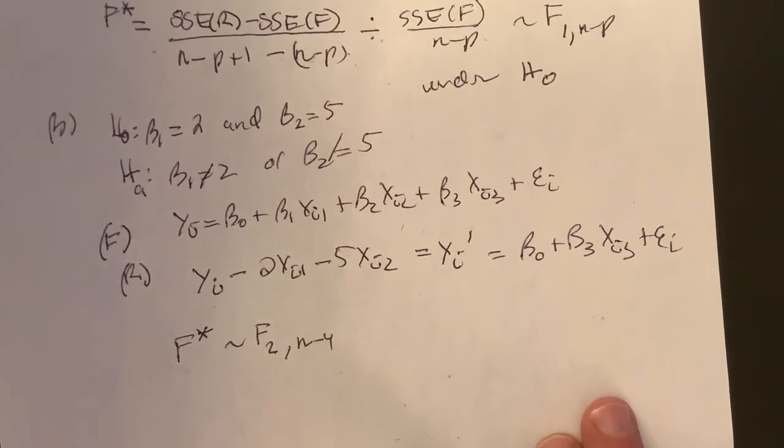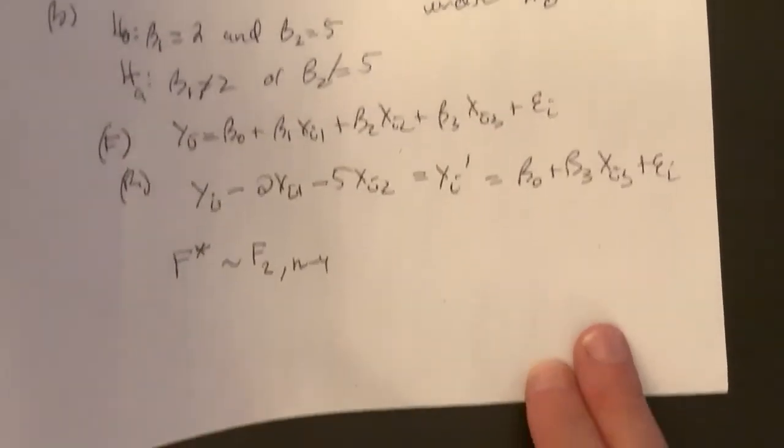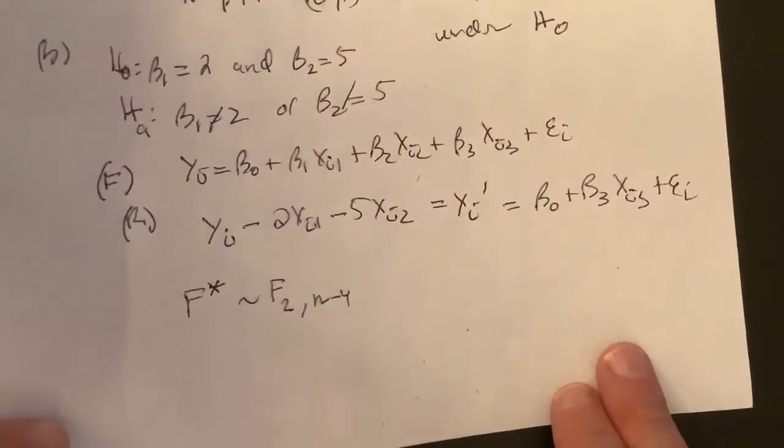Because I'm assuming that beta 1 and beta 2 are known, so the degrees of freedom of the reduced model is n minus 2. There's 2 more degrees of freedom because I don't estimate those. So I have n minus 2 minus n minus 4, so that gives me 2. All right, there you have it. I will stop this before it gets too big.